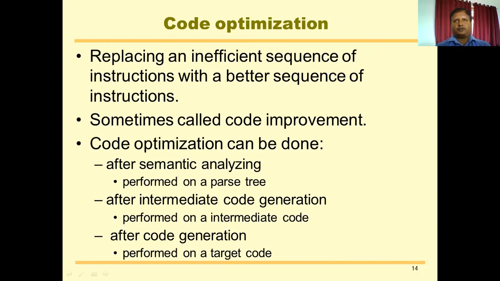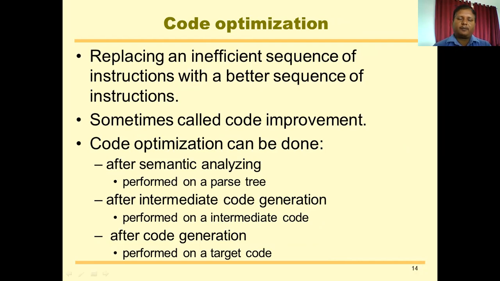Code optimization. Code optimization means it is possible to reduce the amount of code at the intermediate code level, replacing an inefficient sequence of instructions with a better sequence of instructions. You can implement code optimization in two ways: machine dependent and machine independent. Machine dependent optimization is entirely different from machine independent optimization.